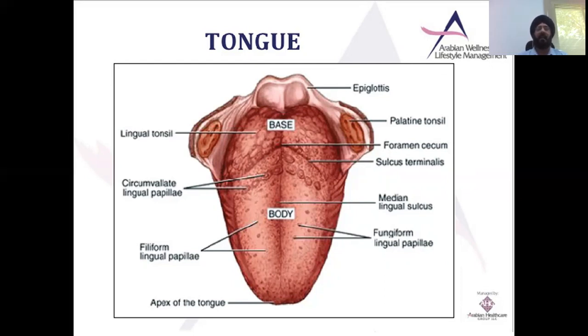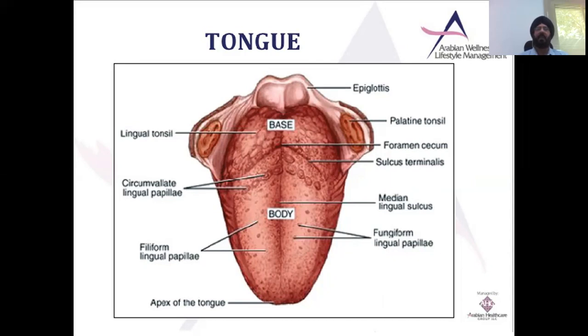The tongue is lined with taste buds on the surface, which are receptors located throughout the tongue, condensed at the sides, center, and on the back of the tongue. The taste buds can identify four basic tastes like salt, sweet, bitter, and sour.